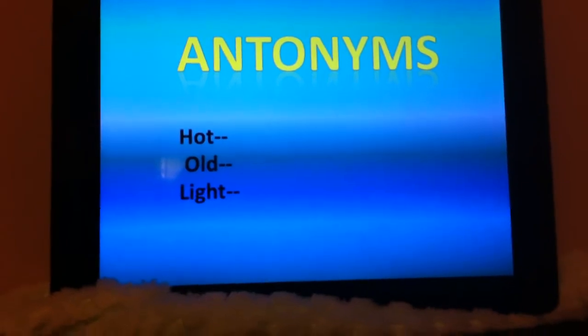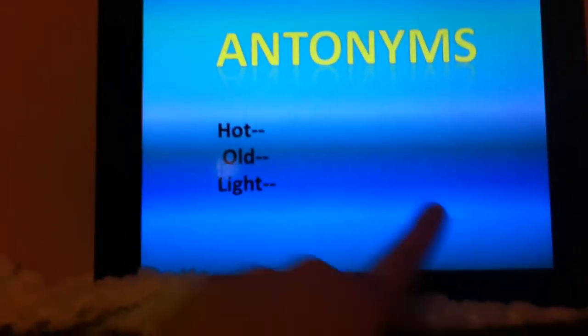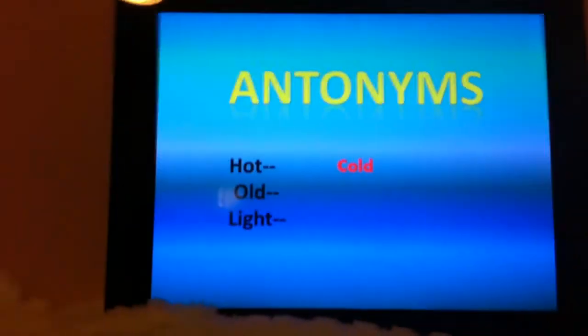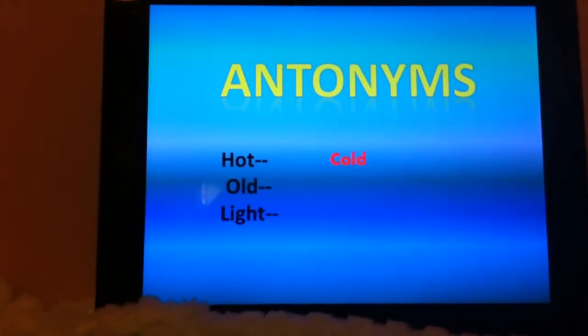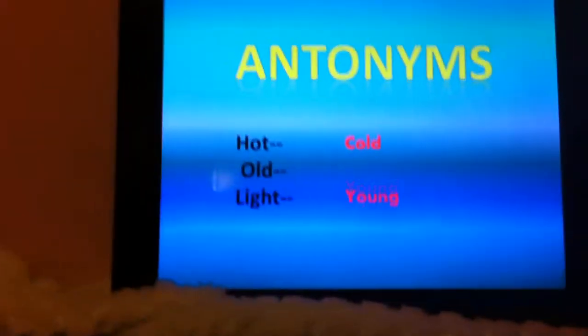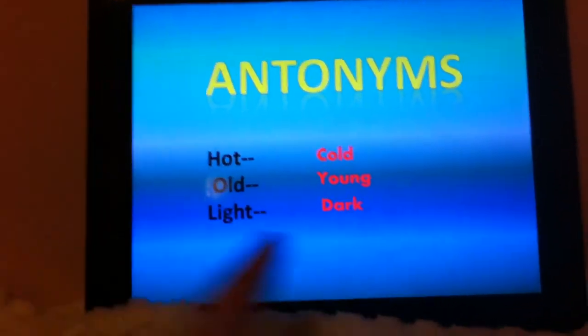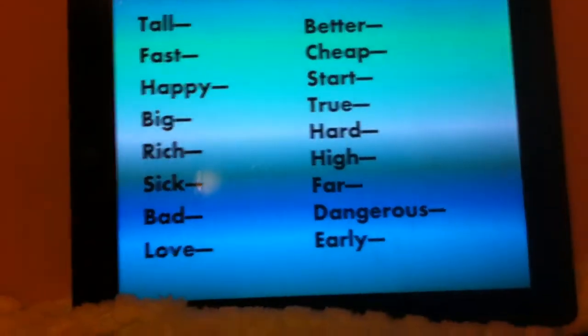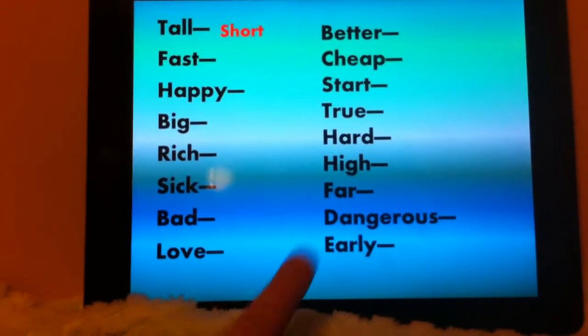So the first 3 words on the list are hot, old, and light. So I can see right away that in the word bank, the word cold is there. We'll talk about how that is the opposite of hot. Then we're looking for the opposite of old, which would be young, light, and then dark. So the rest of the words here are that they have in front of them, and we can go through them together.